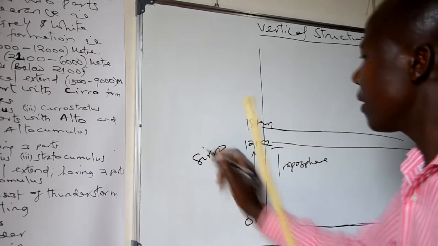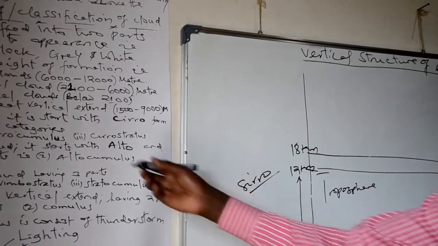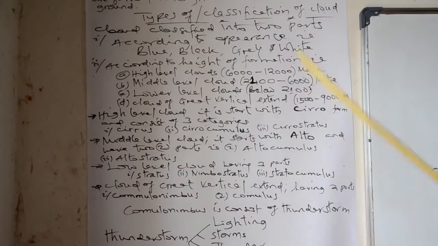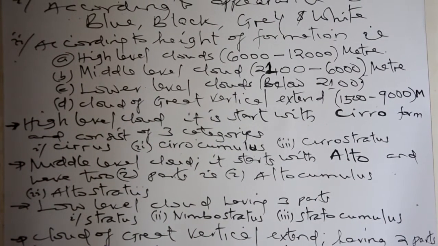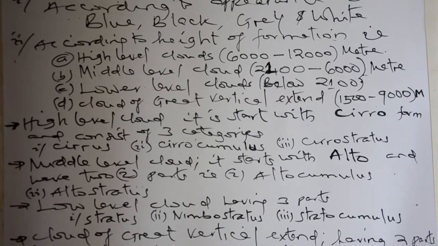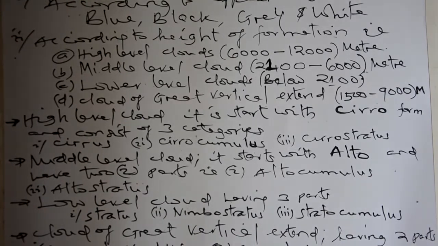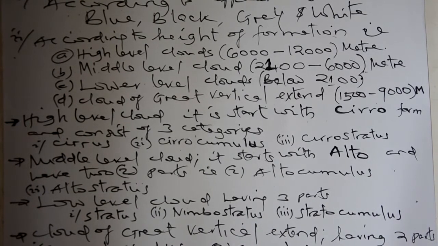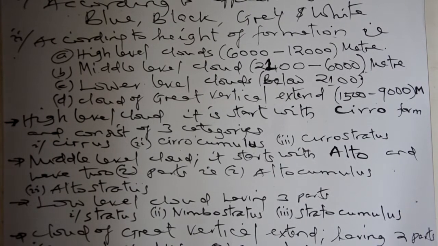At high level there are three clouds: cirrus, cirrocumulus, and cirrostratus. Cirrus clouds take place at high level, in the area of 9 kilometers up to 12 kilometers. Here there are different types according to appearance: cirrus, cirrocumulus, cirrostratus.